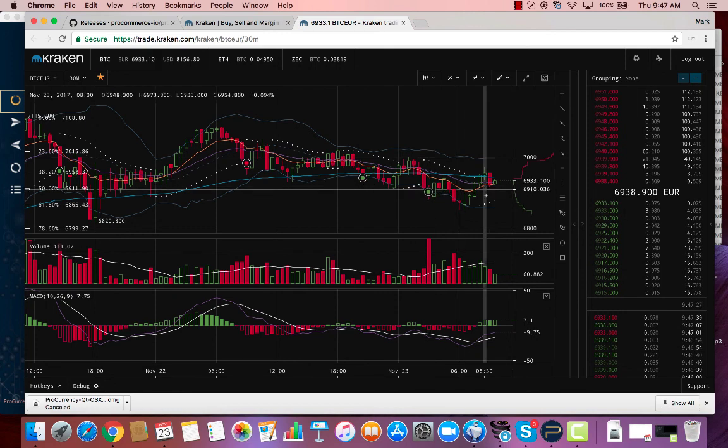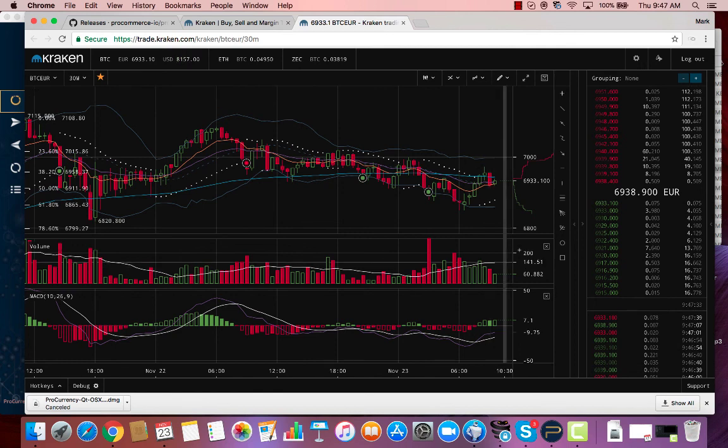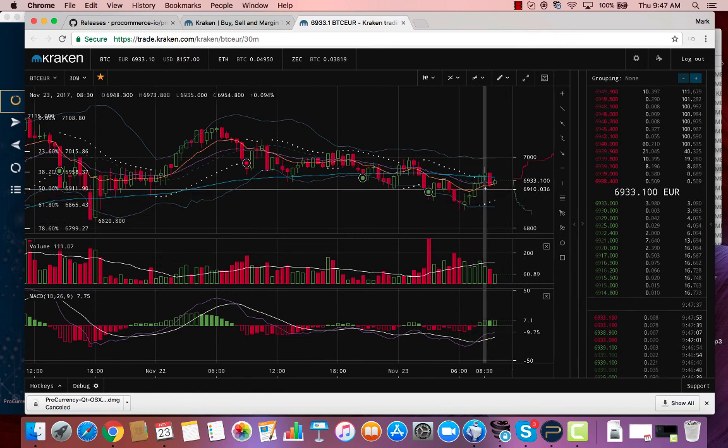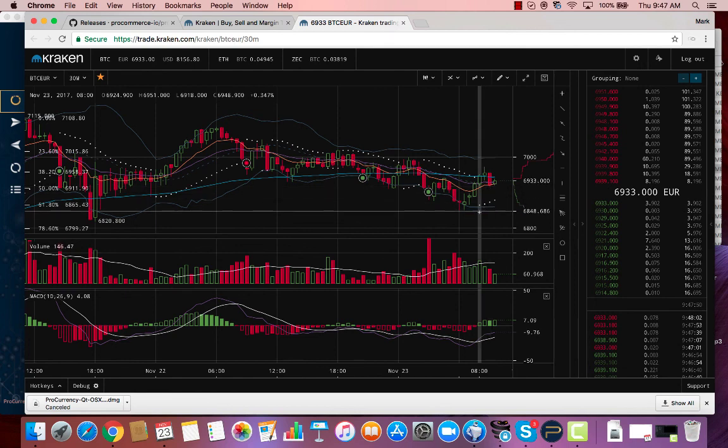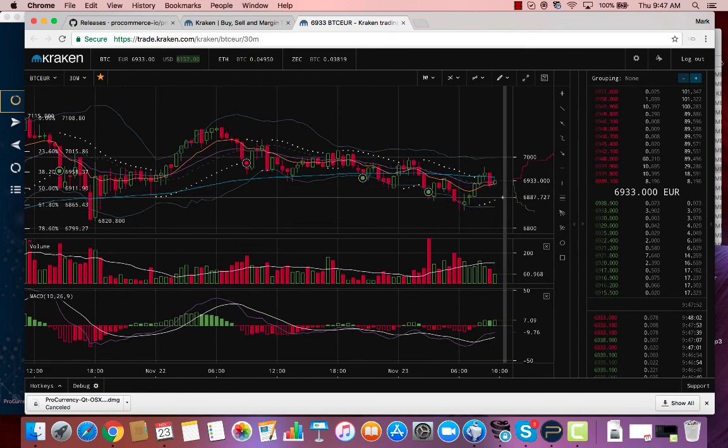You can see now volume has been pretty strong, pretty good, and we can see the exponential moving average is closing. So this downward trend looks like it's about to reverse based on this exponential moving average. My parabolic SAR now shows an upward trend.